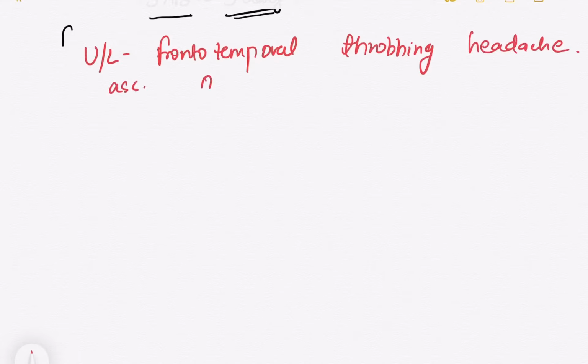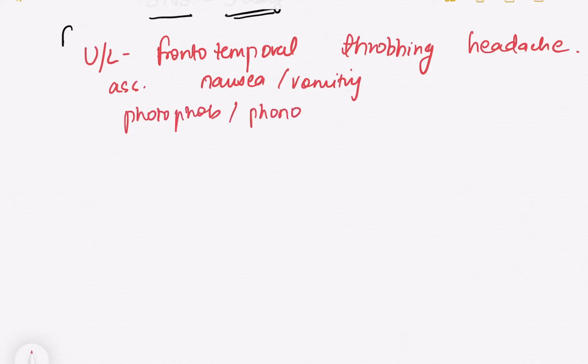associated with nausea, vomiting, photophobia, and phonophobia. Phonophobia means the patient is afraid of loud noises and flashy lights, and the patient wants to stay in a dark, quiet room.